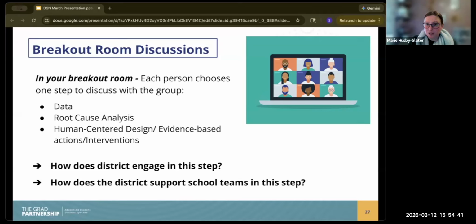So think about how your district or team engages in this step and how you support individual schools and school teams as well. So in just a second, you'll see a notice to go to breakouts, and we will come back together just so everybody has an idea about time in just about 12 minutes. All right, and here we go.